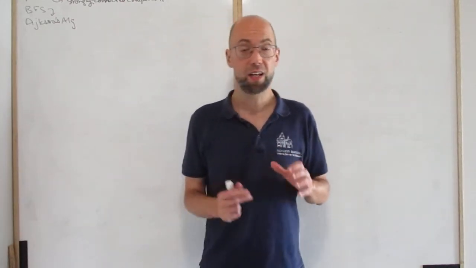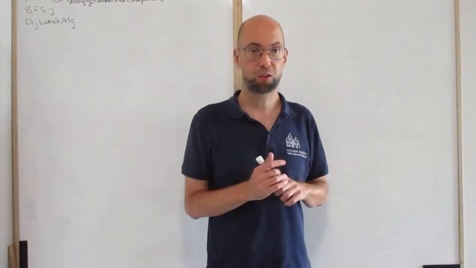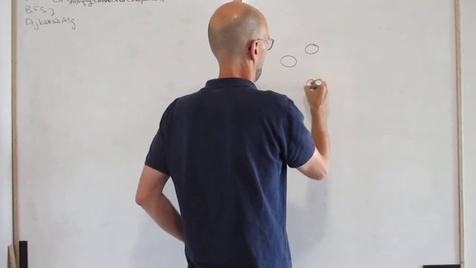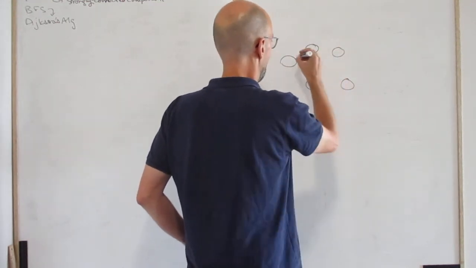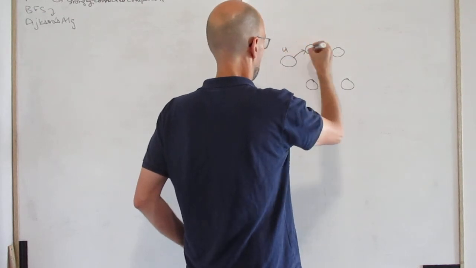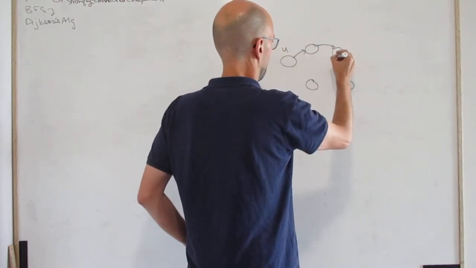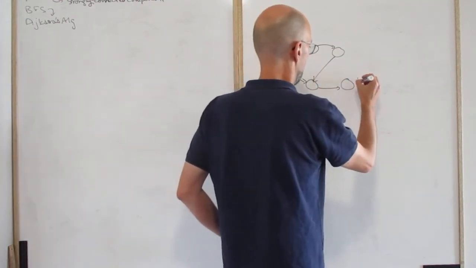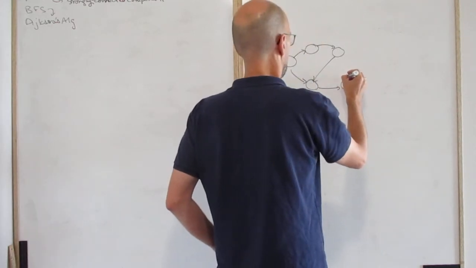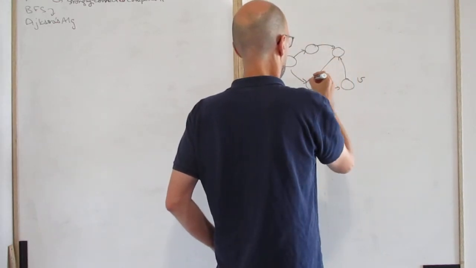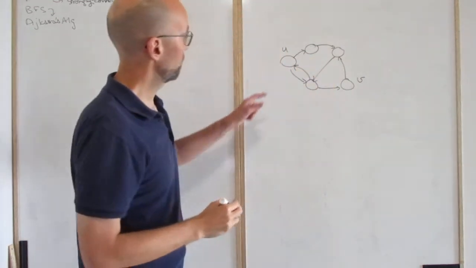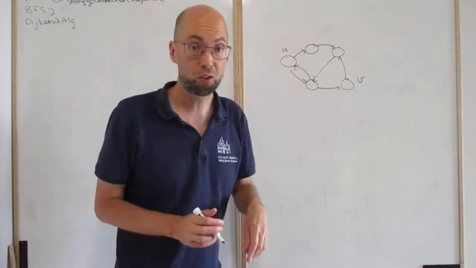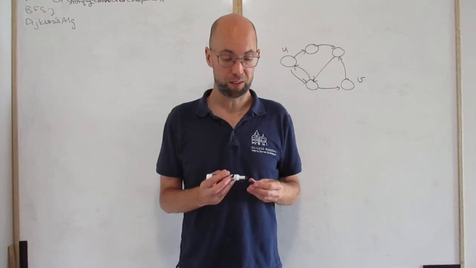So strongly connected in a directed graph: if you have a vertex U and a vertex V, you can go from U to V, and you can go from V to U. So they're in the same strongly connected component.